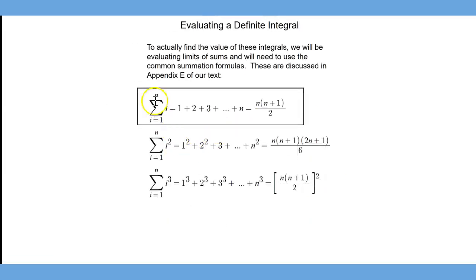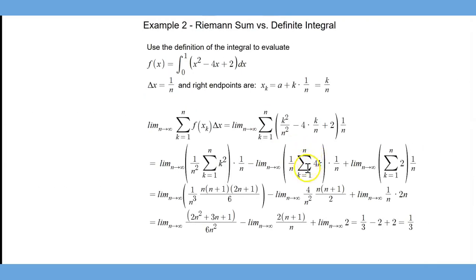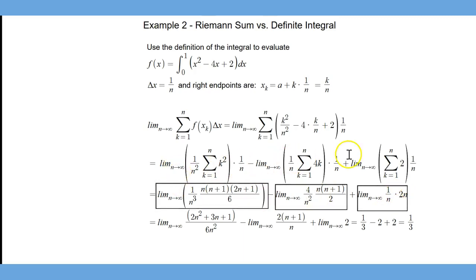The summation of the first n integers is this expression. So I can replace that summation with n times n plus 1 over 2. And then finally I have the sum of just this constant 2, and that's just adding 2 to itself n times, which is just multiplication. So that's just 2n.